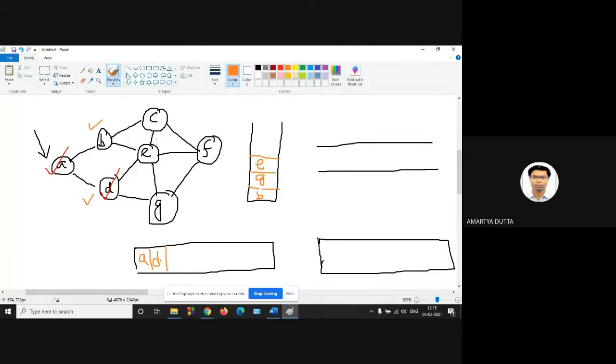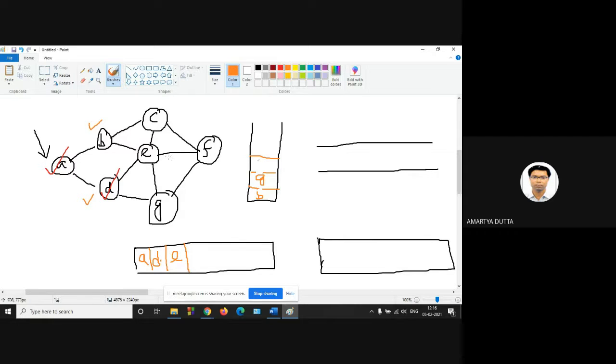From E we are getting G, F and C. So what should I write? First omit this E and write down this E here.